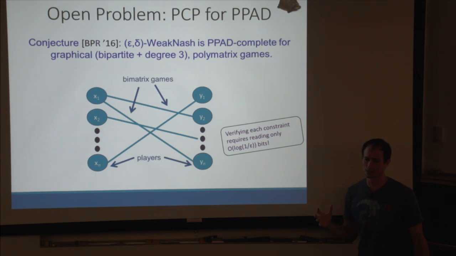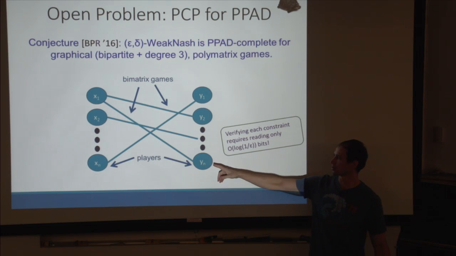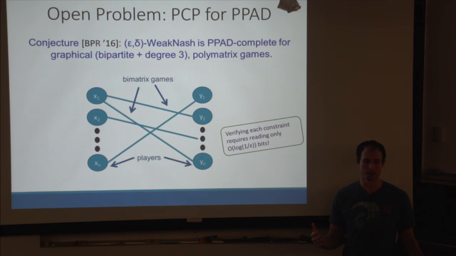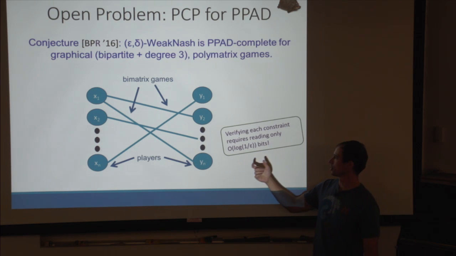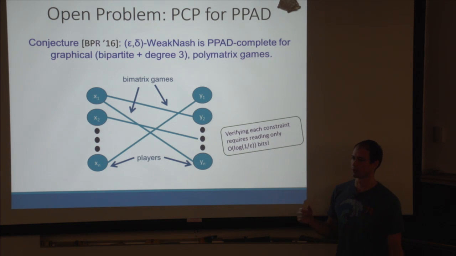Let me try to convince you why it's natural to call it PCP for PPAD. For every player, I have a constraint that I'm playing epsilon optimally, and to verify this constraint, I only need to query a constant number of bits. Because epsilon is constant, I only need 1 over epsilon per action, so log 1 over epsilon bits.